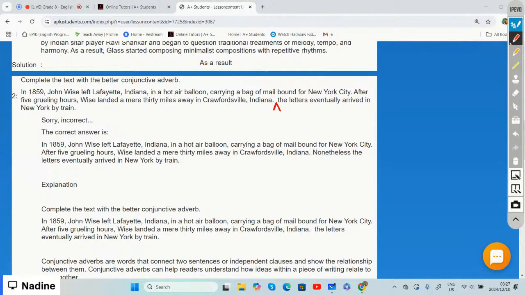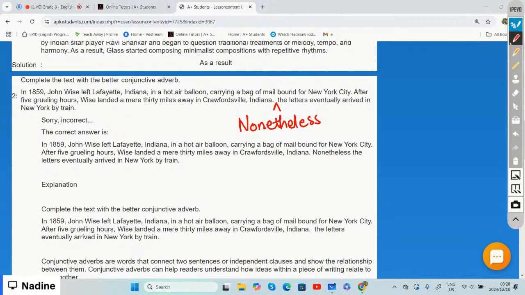And if we were to choose the correct transition word, then we could say that he landed a mere 30 miles away in Crawfordsville, Indiana. And then we say, nonetheless, the letters eventually arrived in New York by train.